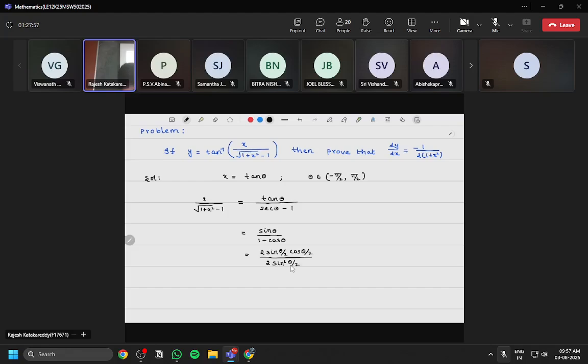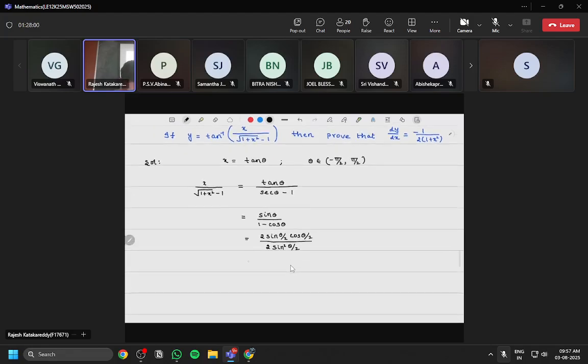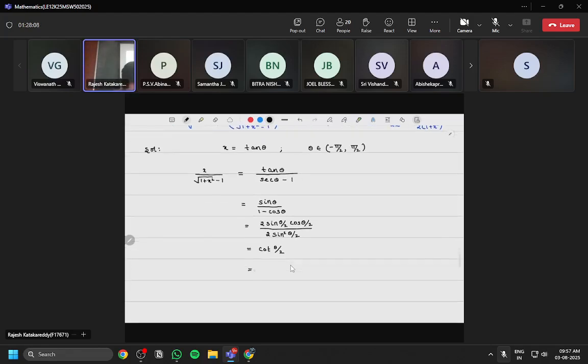So 2 got cancelled, sin theta by 2 got cancelled, cot theta by 2 we have. I need tan inverse. For that, tan of pi by 2 minus theta by 2 will be cot theta by 2. Clear?